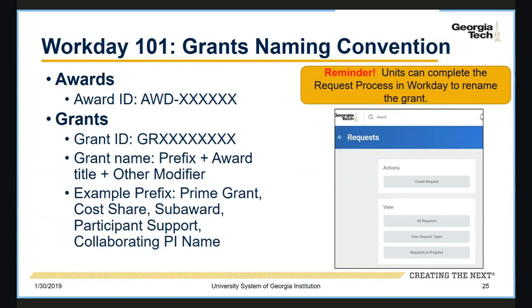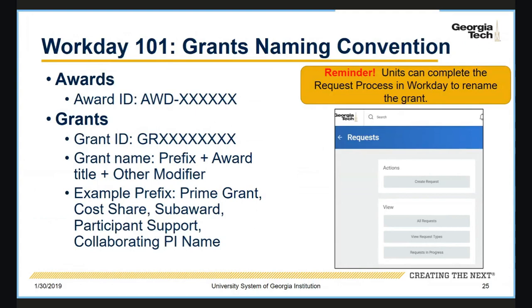We're incorporating a new prefix for each grant that will help classify the type of grant. These prefixes include prime grant, cost share, subaward, participant support, and the name of the collaborating PI. We're working to make sure that our projects in PeopleSoft are distinctly named so that when we import them into Workday, we will have very clear names for our grants.